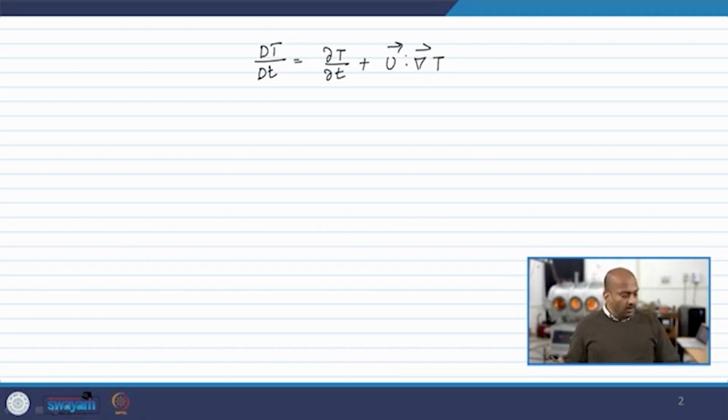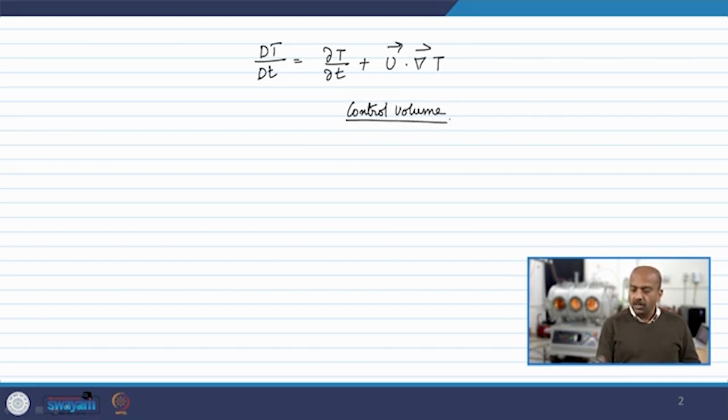In the last lecture, we also made it clear that when you are considering fluid, all the equations of motion are to be written with respect to a small fluid volume which we call the control volume. So, this control volume can be considered as the basic entity of the fluid.